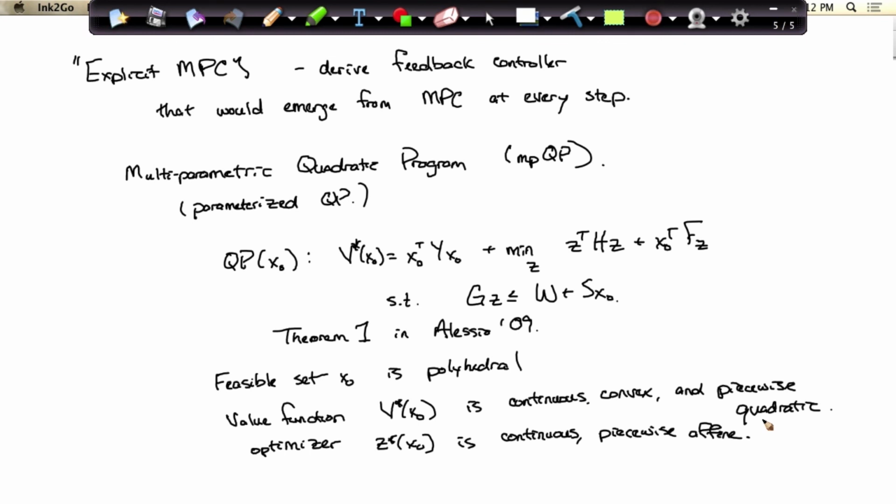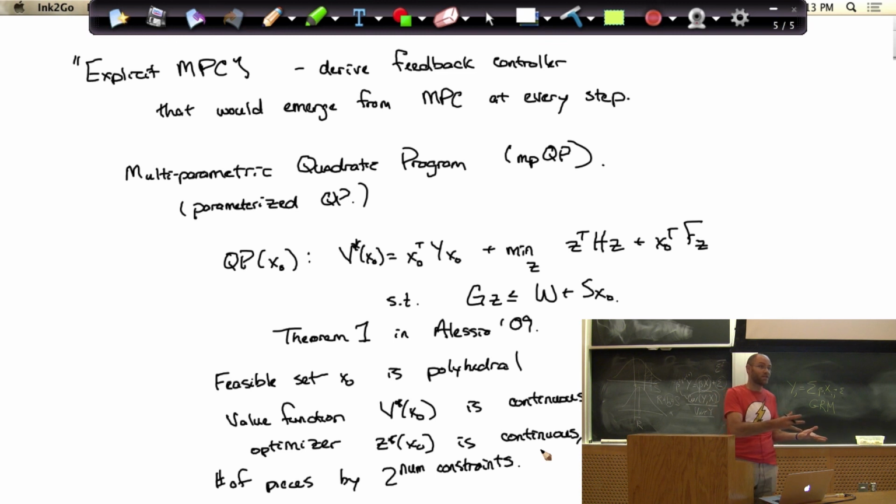One of the downsides is that the number of pieces is kind of out of this world, right? It's upper bounded, which is probably really conservative, by the number of possible active constraints, so 2 to the number of constraints. In general, for every possible set of constraints, which can either be active or inactive, I have a different piece in my system.